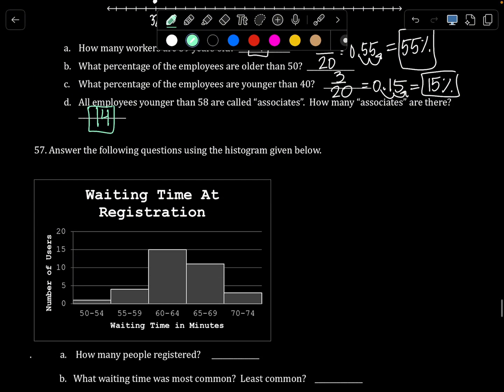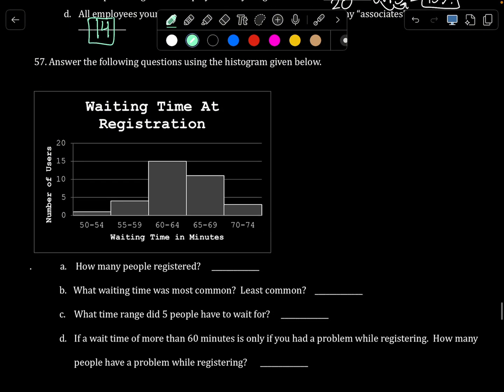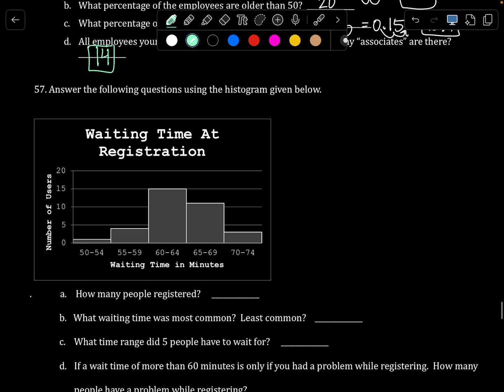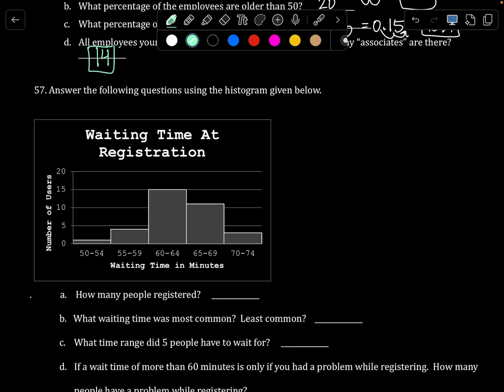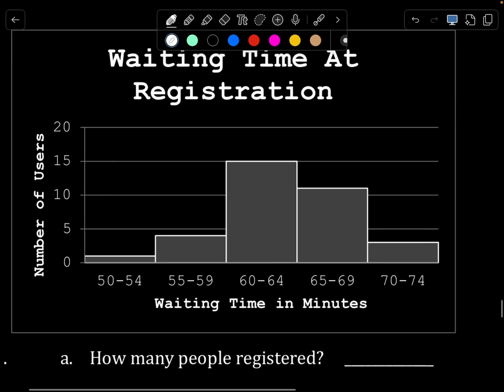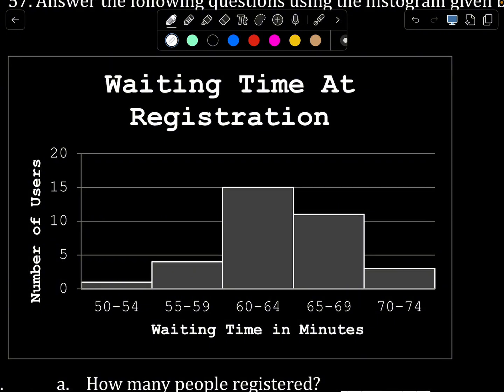Now let's do 57. The first thing I want you to do is, looking at this histogram, see the number of users that waited. So that's 1, and that's a 4. Sorry that you couldn't really see it. That's 15. Can you guys read?